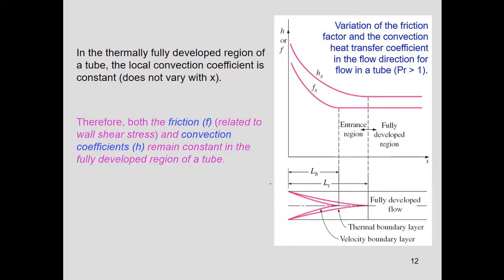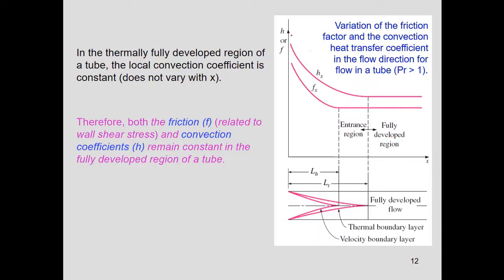The fully developed region gives us the possibility to make an assumption. As you can see here, imagine this is a flow. This is the entrance region, and this is the fully developed region.